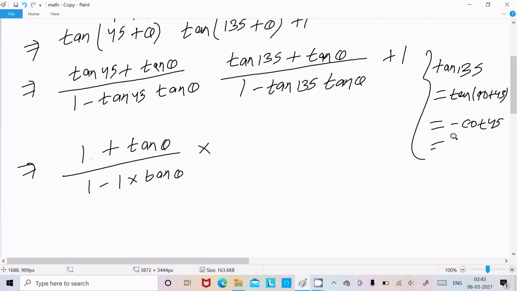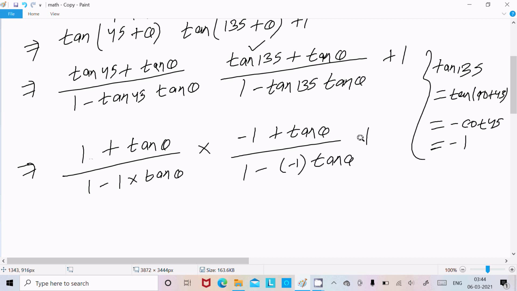And tan(90 + θ) the value is minus cot θ. And cot 45, the value is 1. So this value is now minus 1. So (minus 1 plus tan θ) divided by (1 minus 1 tan θ), plus 1.